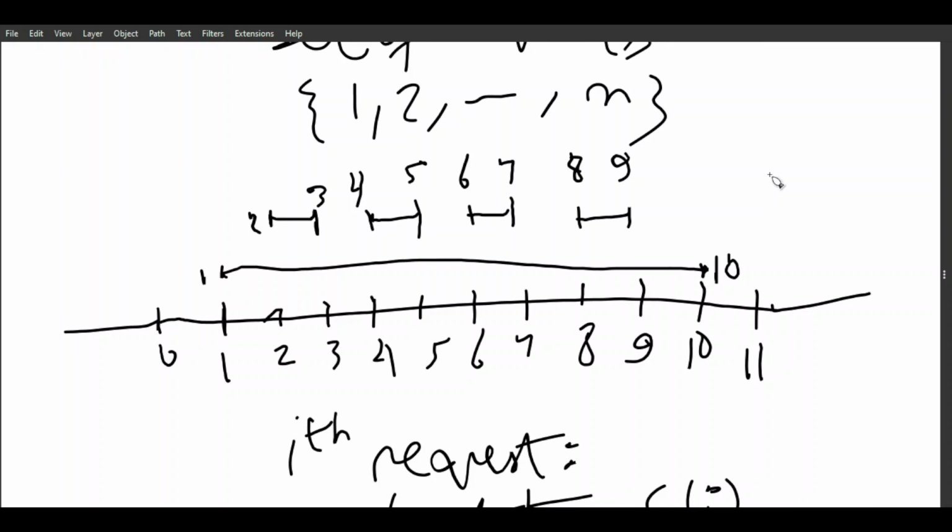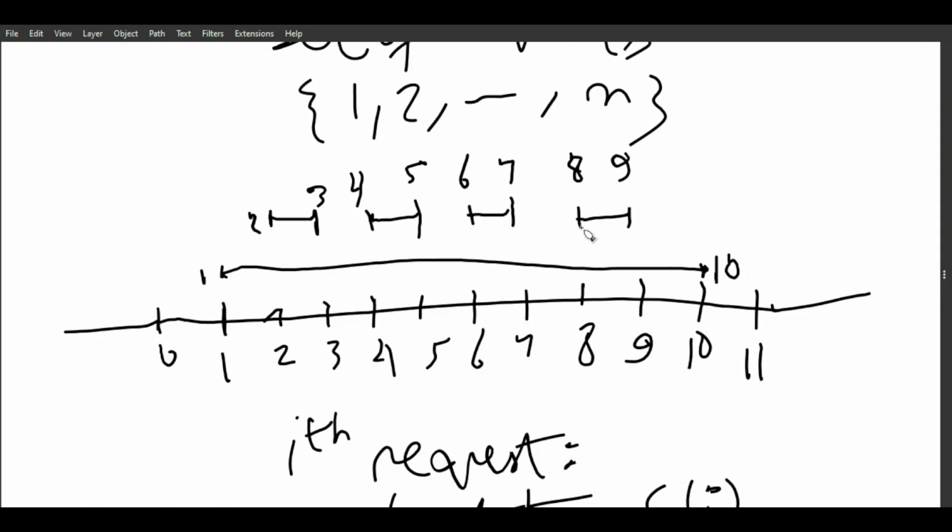According to this heuristic, the earliest start time is for the interval from 1 to 10. So we choose this according to our algorithm. Once we choose the 1 to 10 interval, we have to remove all these 4 small intervals, 2 to 3, 4 to 5, 6 to 7 and 8 to 9, because they overlap. So with this heuristic we get only a single interval.